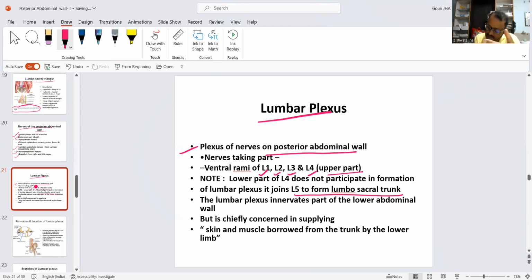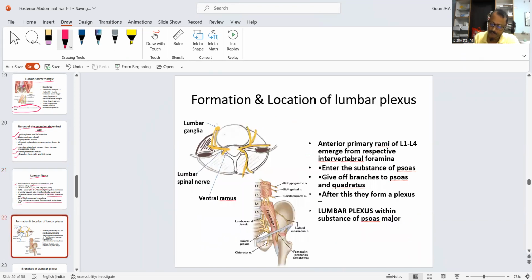The lumbar plexus innervates the lower abdominal wall, but it is chiefly concerned with supplying the skin and muscles borrowed from the trunk by the lower limb. Since the lower limb comes from above downward, this lumbar plexus is meant to supply the skin and muscles of the lower limb.